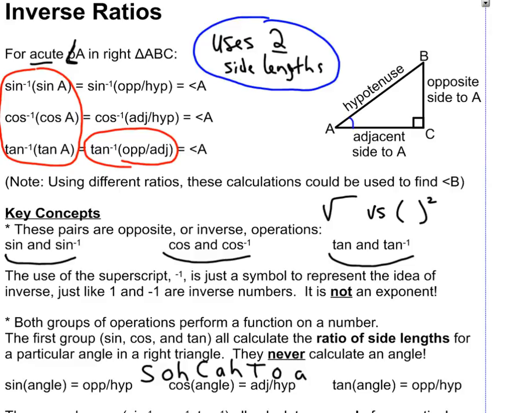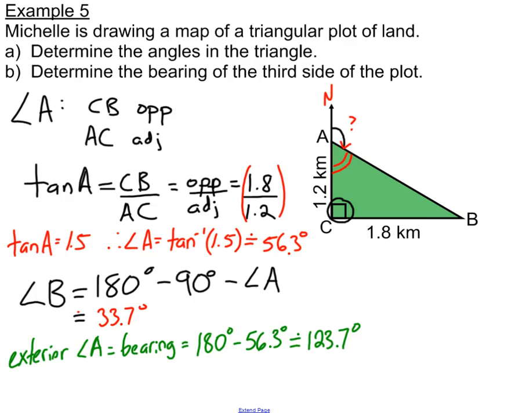Okay, so in our example here, our angle is 56.3 degrees for angle A, so that means angle B, the third angle in the triangle, I worked out to 33.7 degrees. Keep in mind we're approximating here, so dot above the equal sign, rounding.